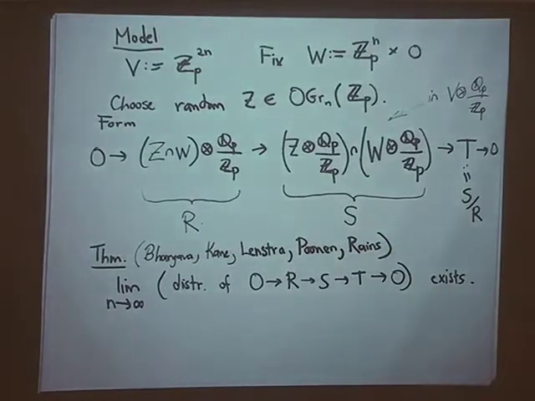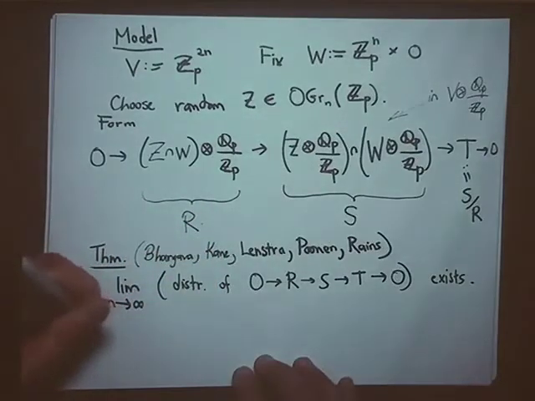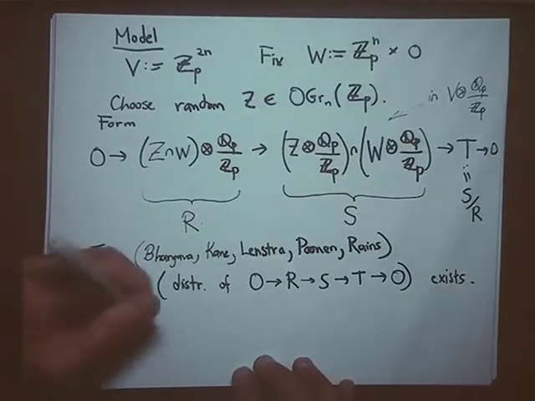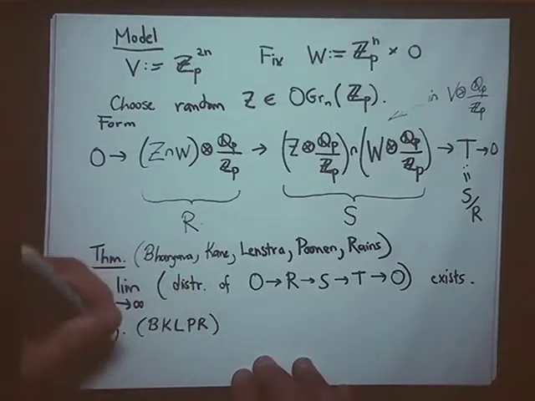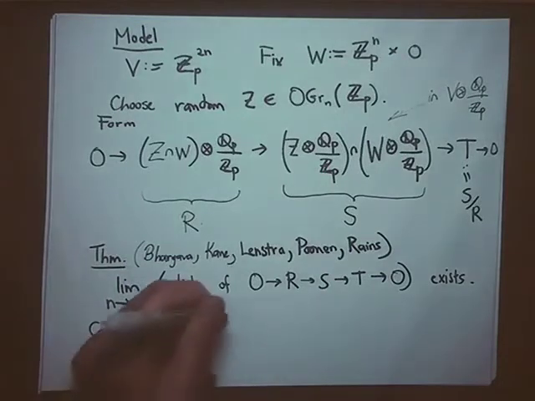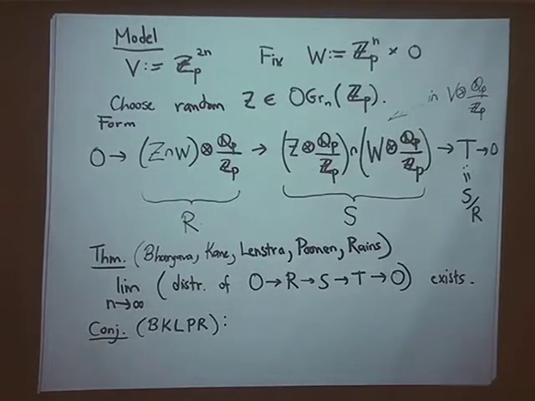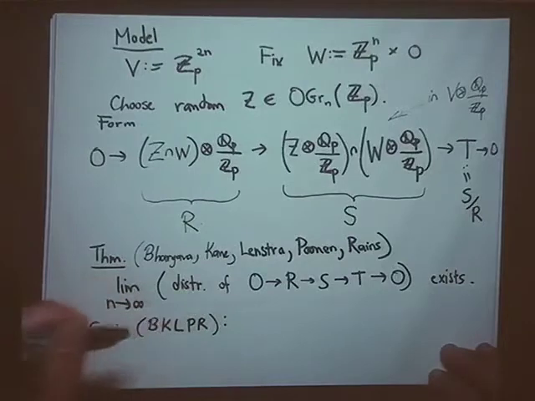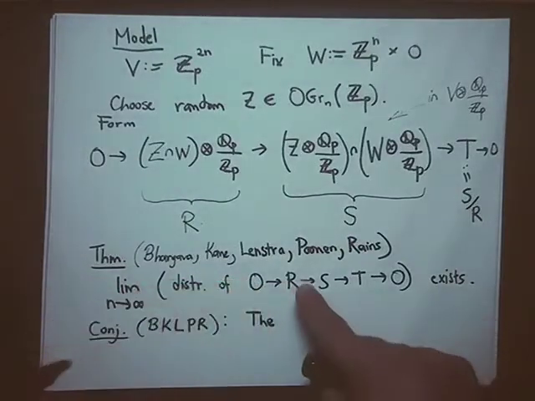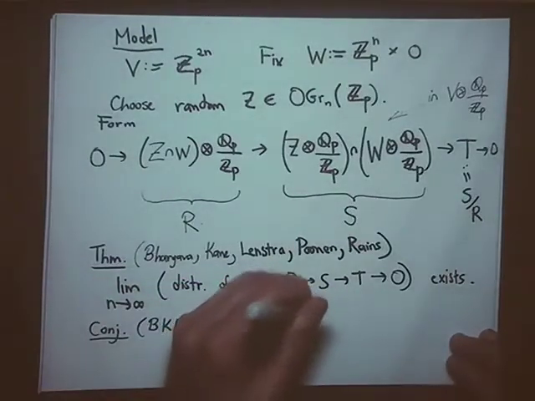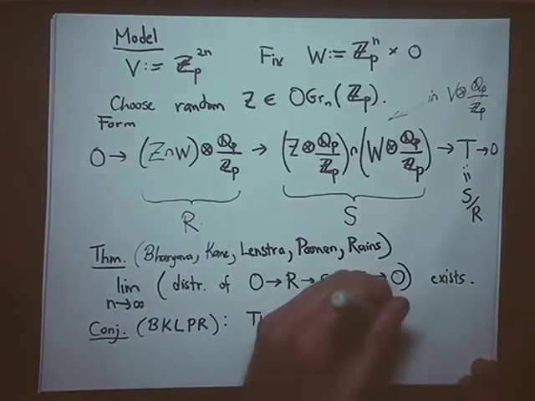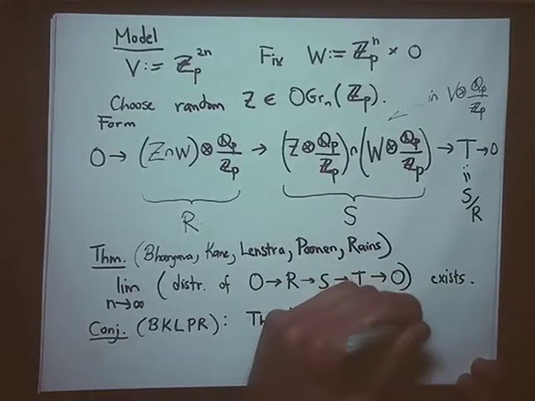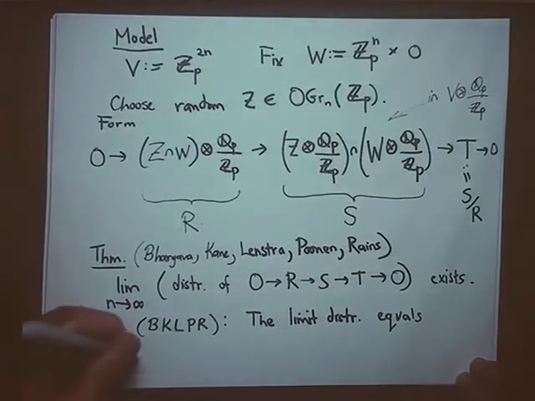The real theorem we would like to prove is that this actually says something about elliptic curves, but that part is only a conjecture. This conjecture, by the same people, is that the limiting distribution equals the distribution that came from the arithmetic of elliptic curves.